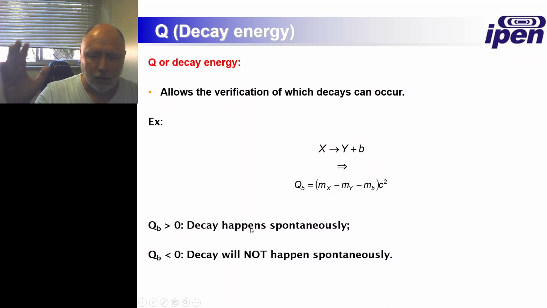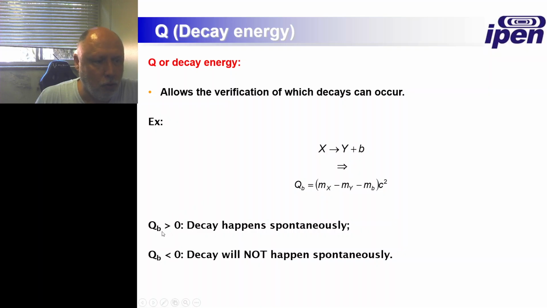And, well, I told you that nuclei decay in order to release energy to the universe and increase their binding energy by getting lighter, right? So, if that's true, this side here must be lighter than this one, because we need to release energy, right?